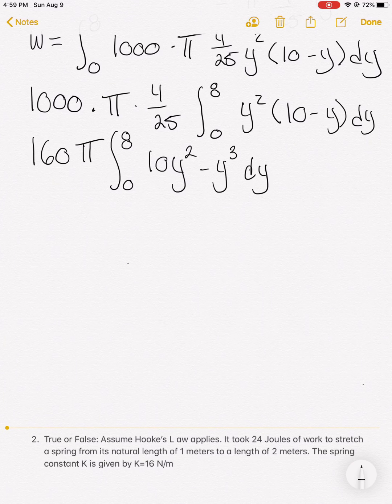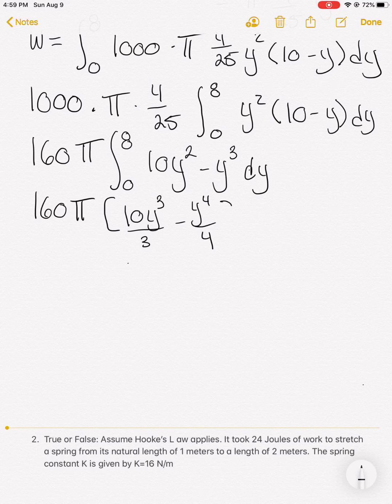Now we will evaluate this entire integral. So 160 pi, then 10y cubed over 3 minus y to the 4th over 4, and this will be evaluated from 0 to 8.